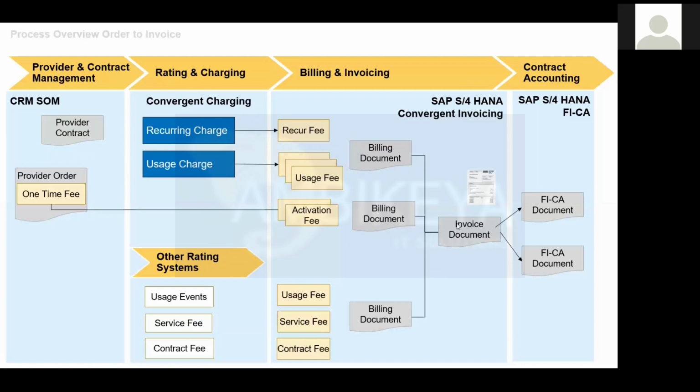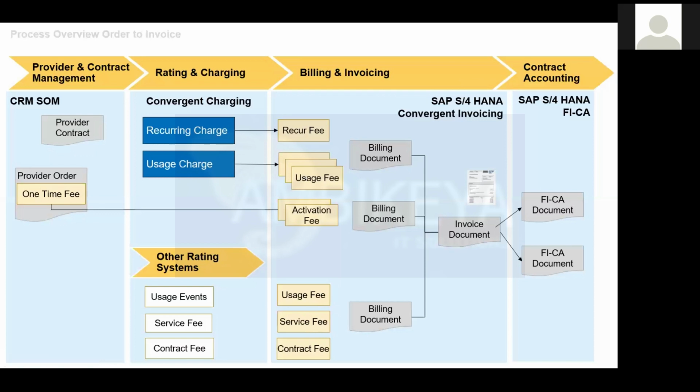With the invoicing document, we then are able to produce an invoice for the customer, which can have different levels. We can have the level of the single billable items, and we can add an itemized bill there, which shows all details, or we can also have different aggregation levels.